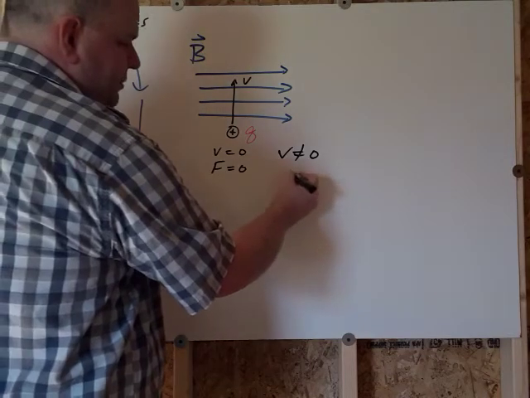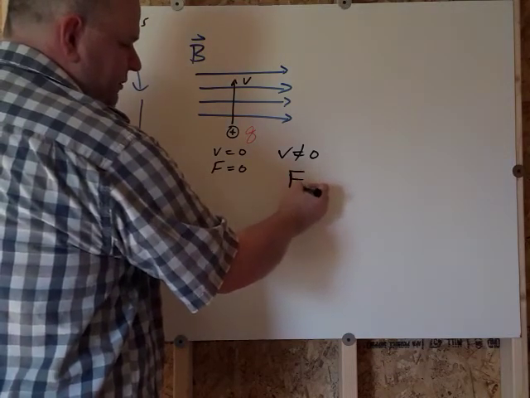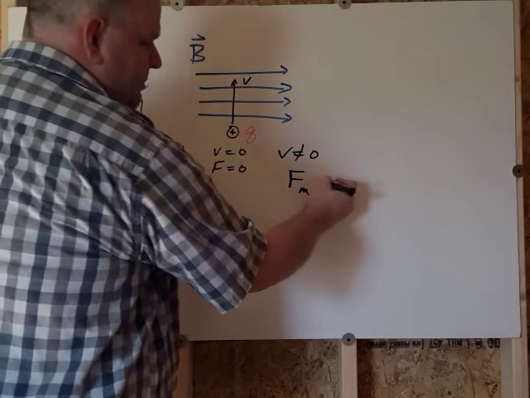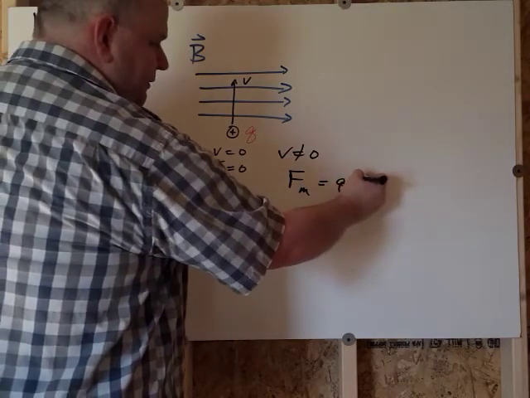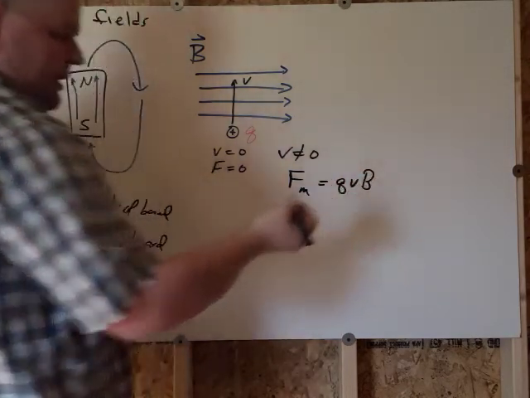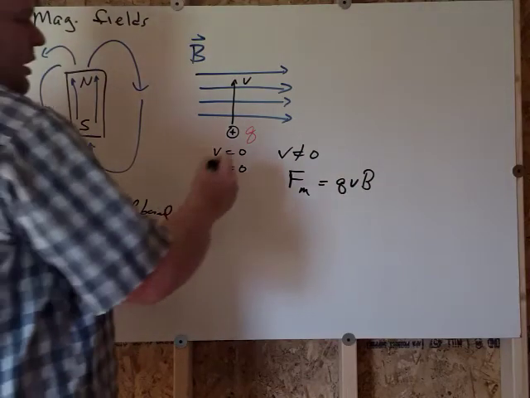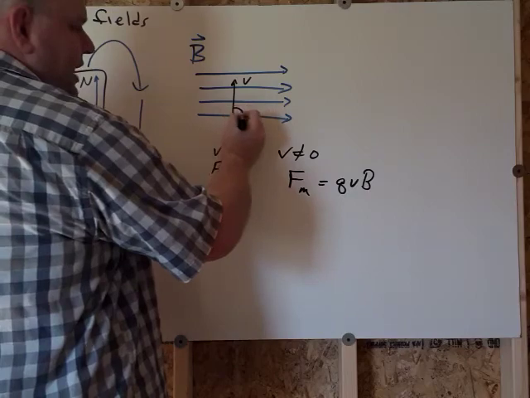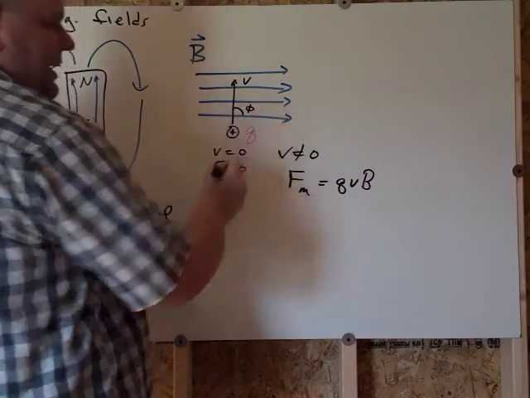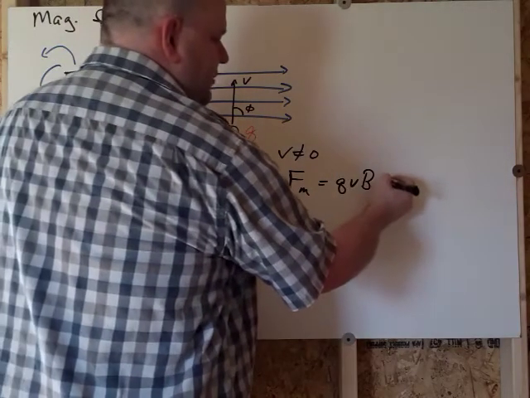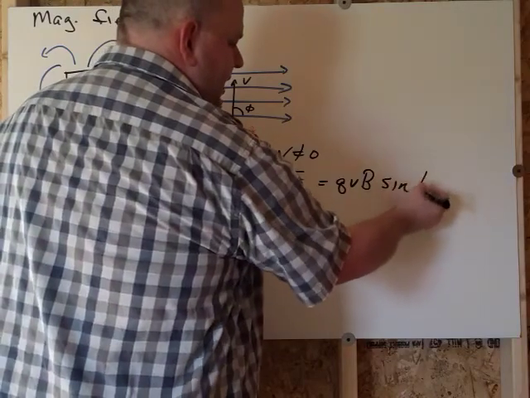And if V is not equal to 0, then the force from the magnetic field is going to be QVB, the way it's set up now. And then we're going to put in that there's an angle phi in there. That's going to end up being sine of phi.